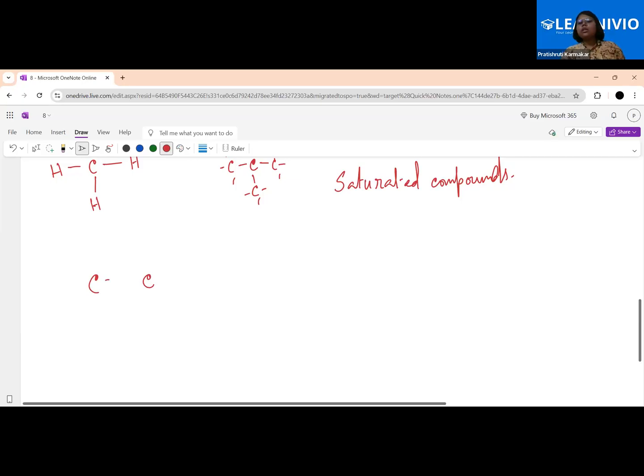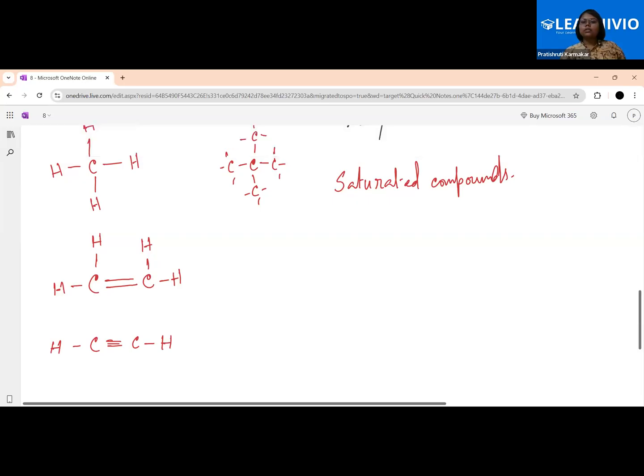They are making 2 bonds between themselves and 2 bonds with some other atoms, so the 4 bonds are satisfied. Similarly, it can make a triple bond and then another bond with some other atom. So these are unsaturated compounds.